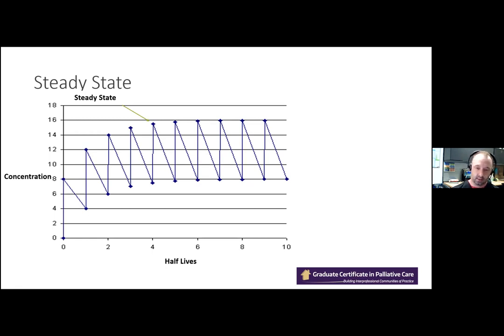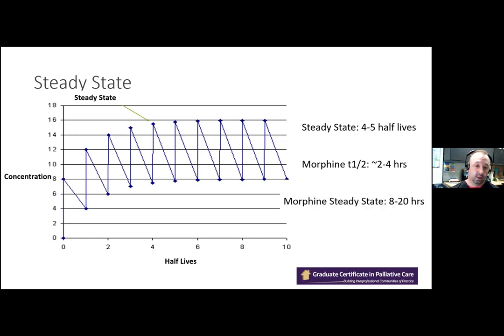It takes about 4 to 5 half-lives to get to steady state. So when we think about the half-life of IV morphine, it's about 2 to 4 hours. And so she's not at steady state for at least 8 hours.